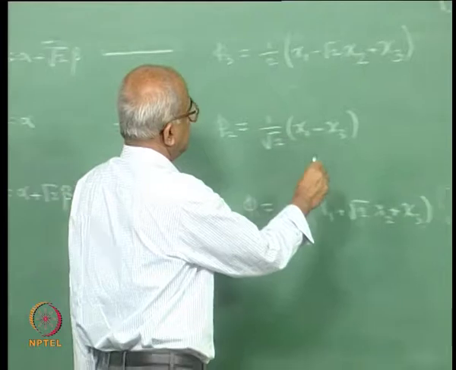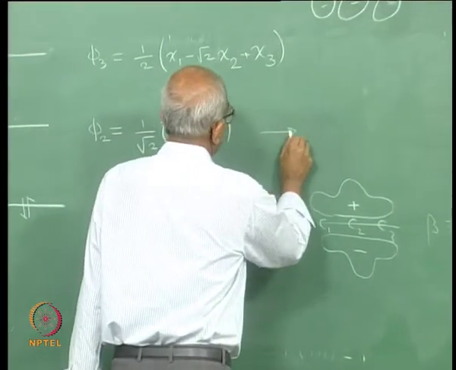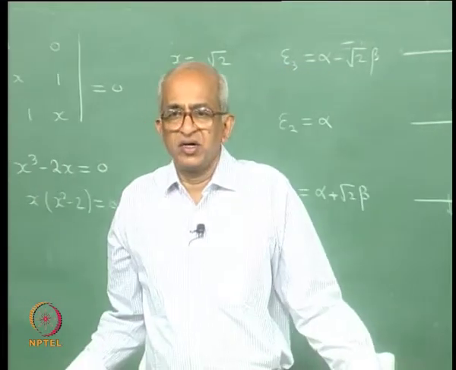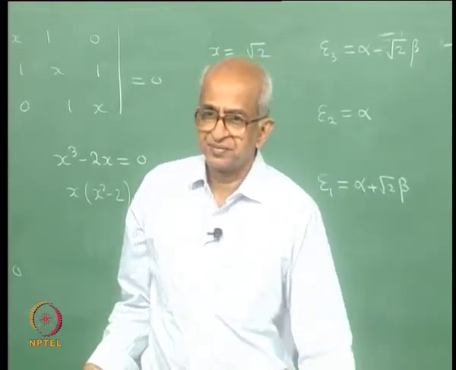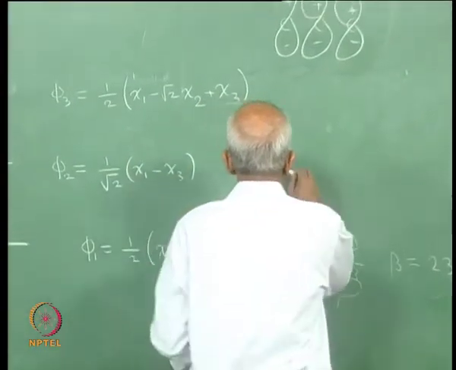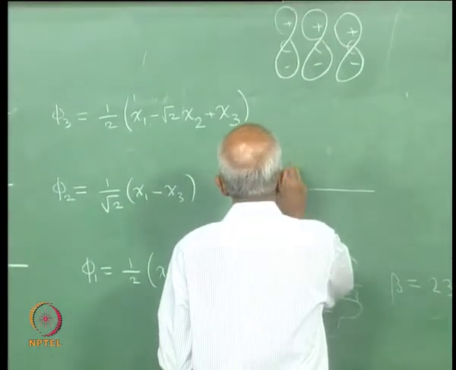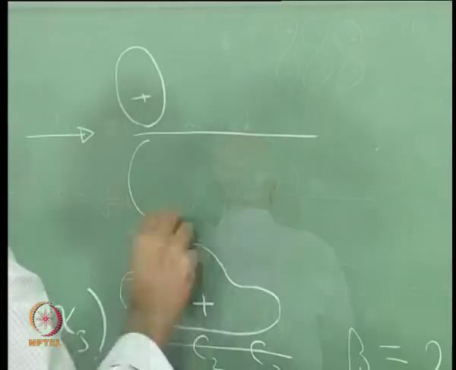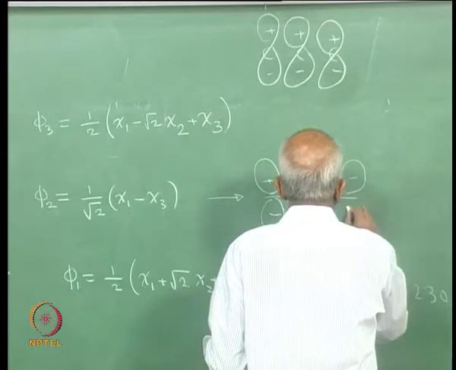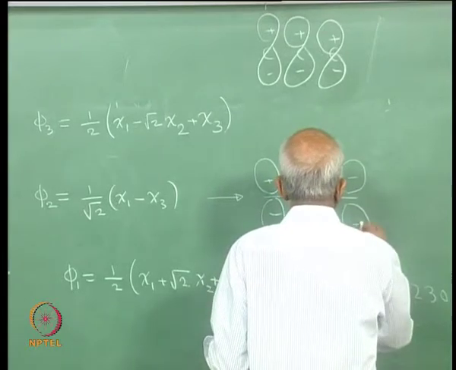Now, if you looked at the second one, you find again something very surprising. Why? Because there is no contribution from the second carbon. So, how will you represent this? Well, chi 3 is occurring with a negative sign. So, naturally this is plus and that is minus, but chi 3 occurs with a negative sign. So, you have minus and plus.